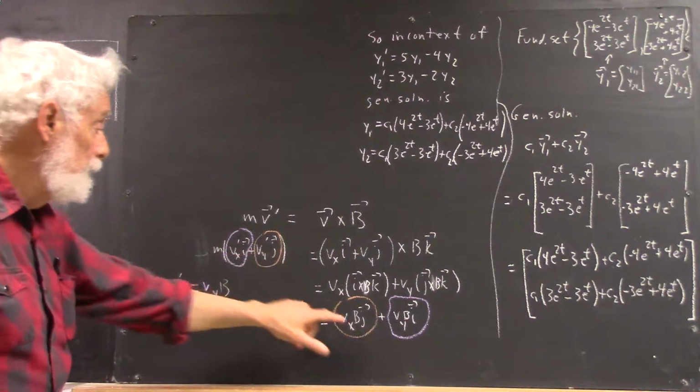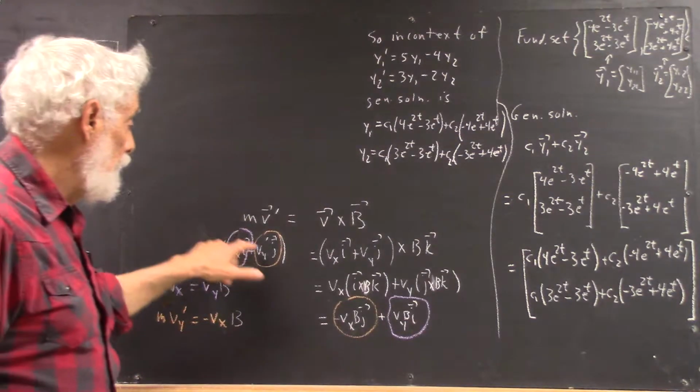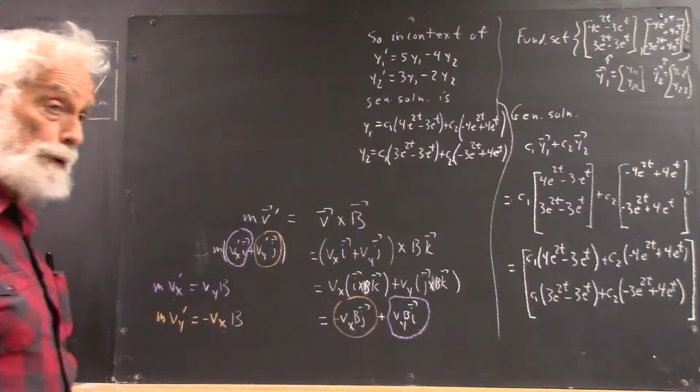J component equals j component gives us an equation. I component equals i component gives us an equation.